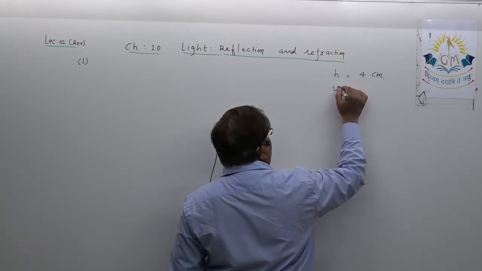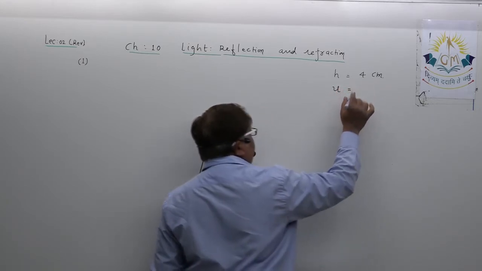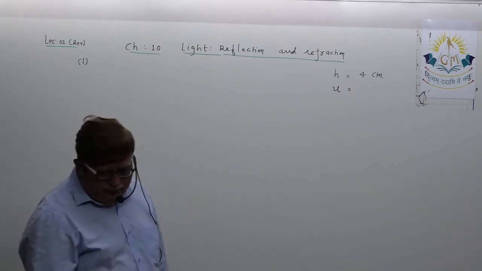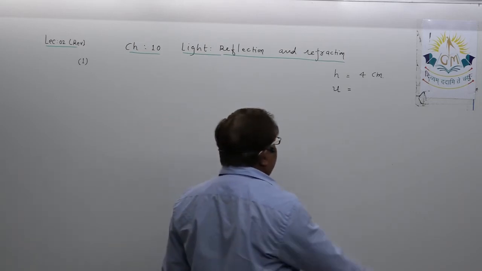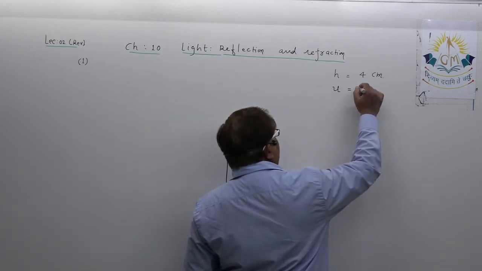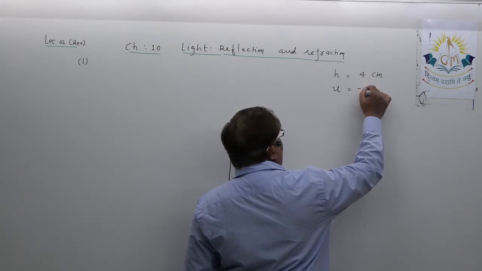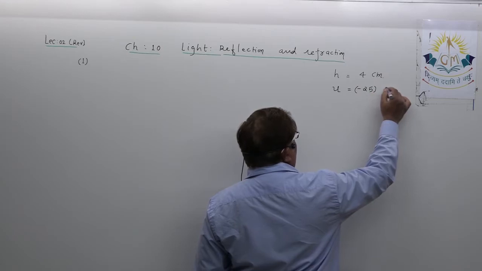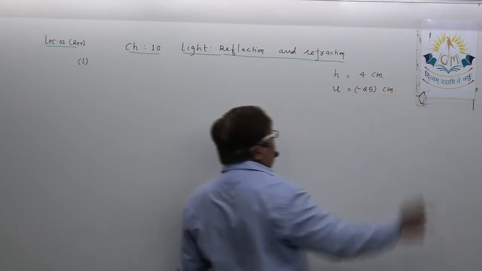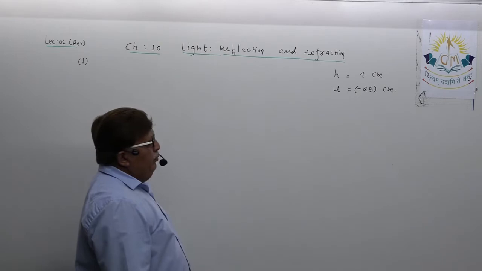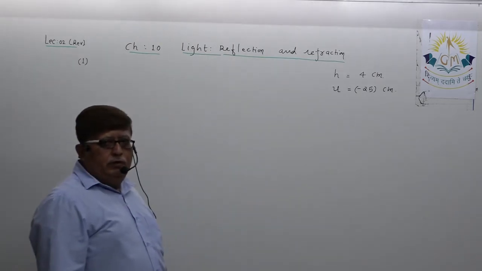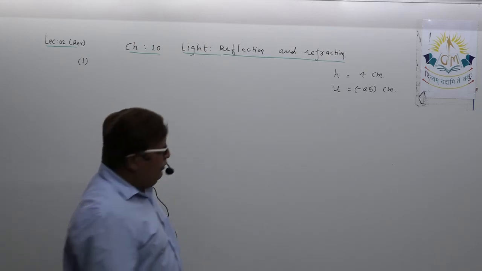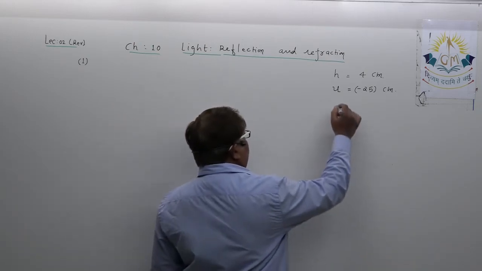Object distance U: we are keeping the object at a distance of 25 centimeter, and as you all know, object distance is always to be taken negative. What is the focal length given? 15 centimeter.